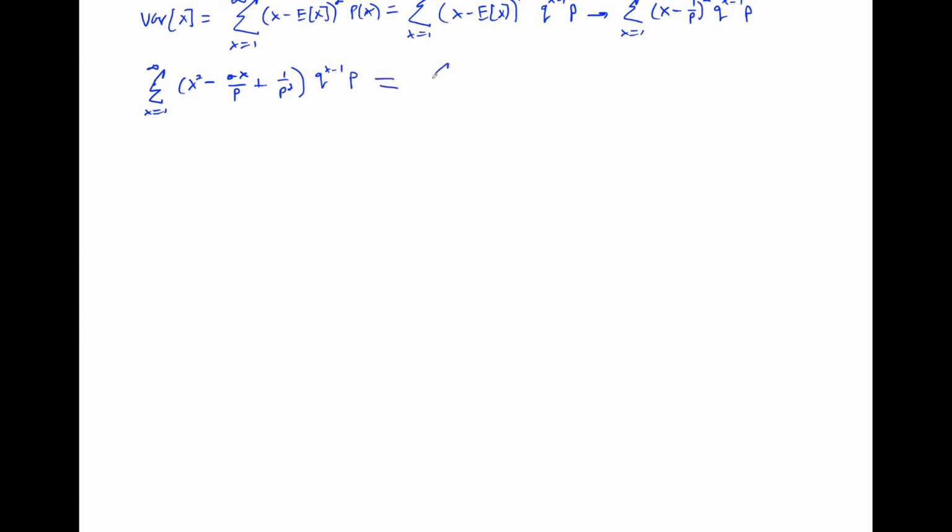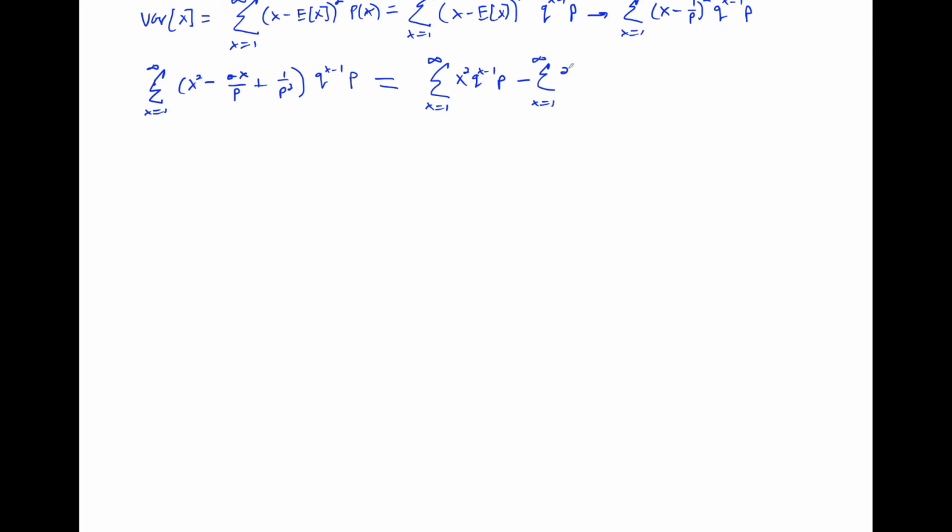So we have the sum, x goes from 1 to infinity of x squared q to the x minus 1 times p. All right, so we write that, and then we have a minus our sum, x goes from 1 to infinity.